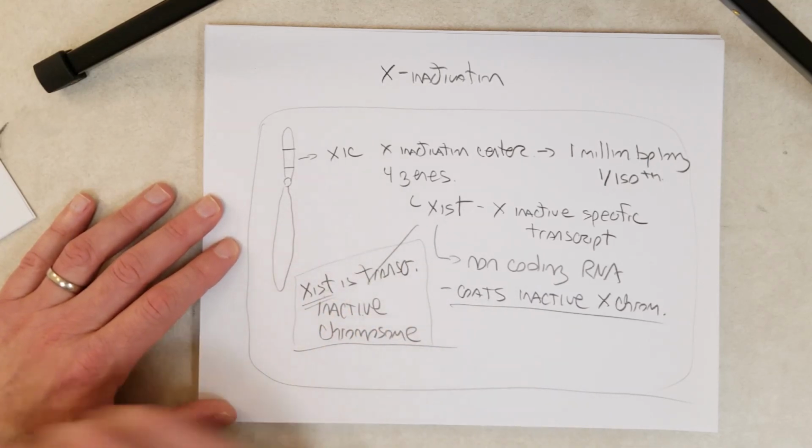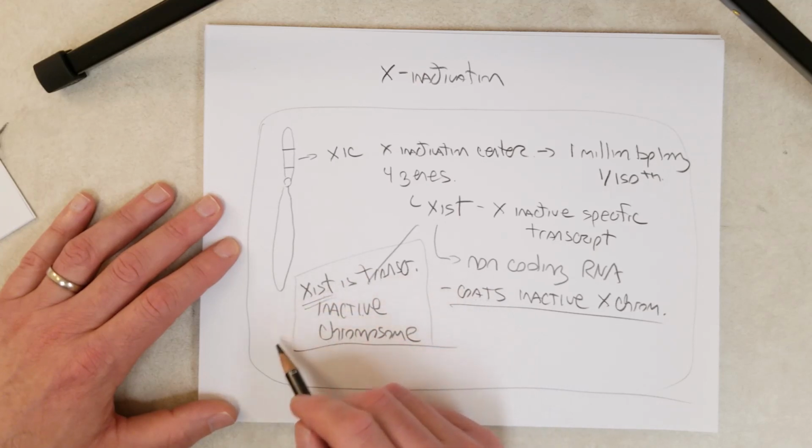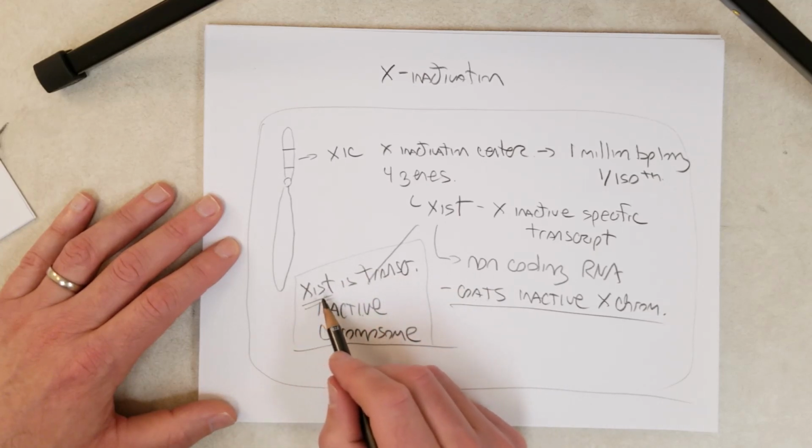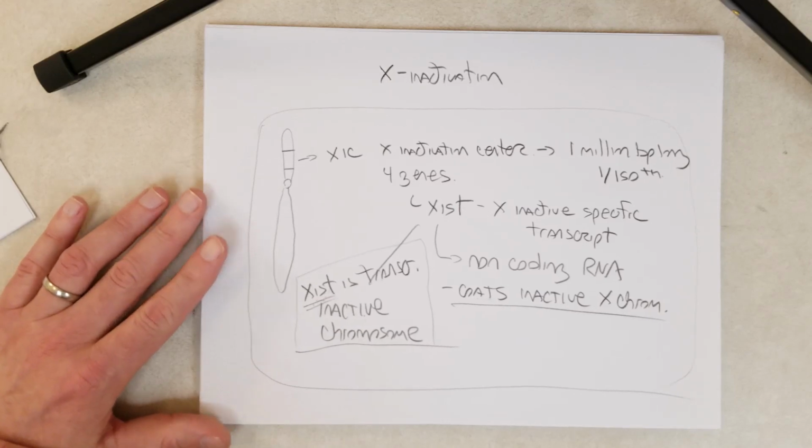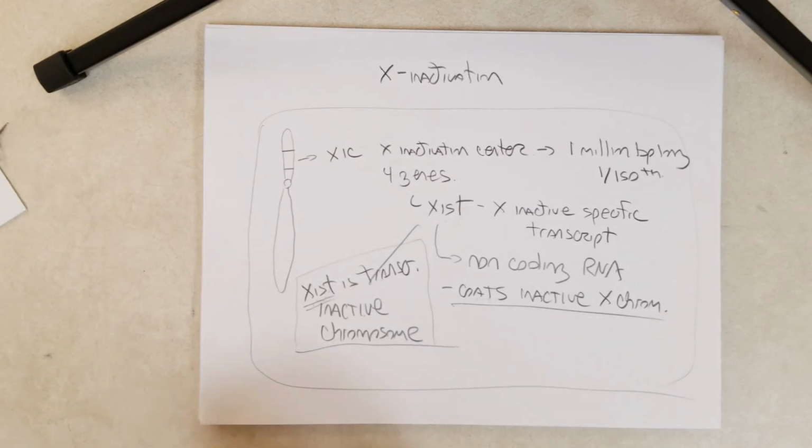So it's weird, huh? The X that is put in the Barr body is the one from which the XIST gene is continuously transcribed. Very strange.